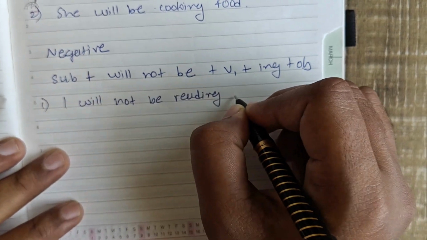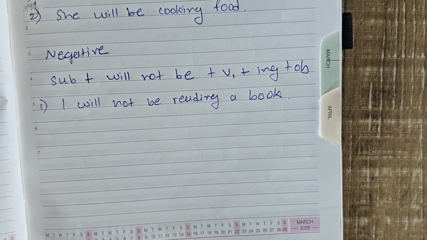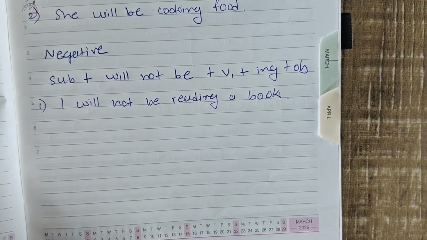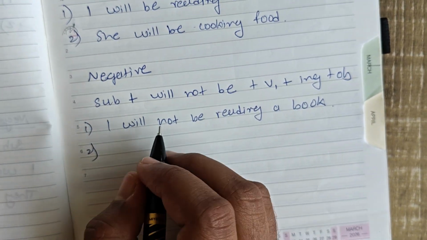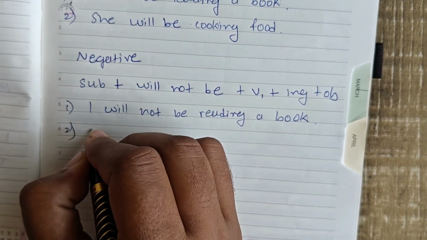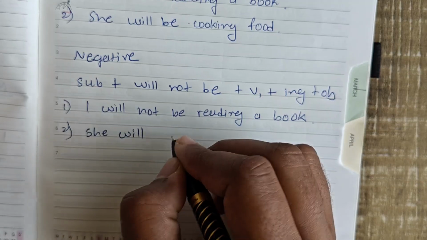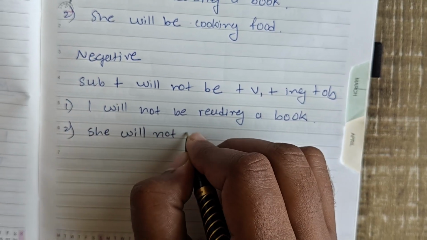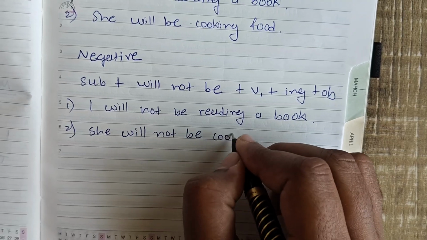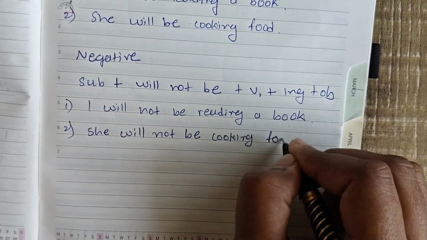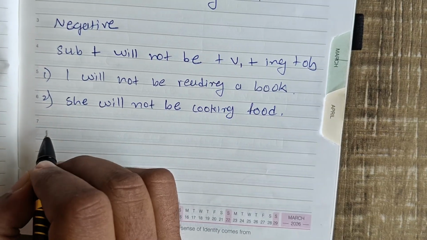She will not be cooking food. We rarely use these sentences, but we have to learn them because they are helpful sometimes.